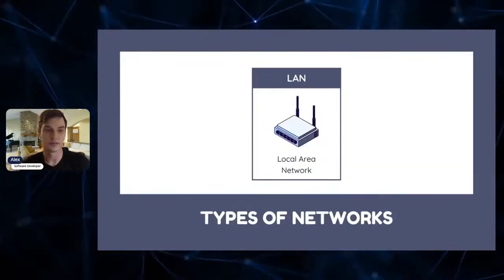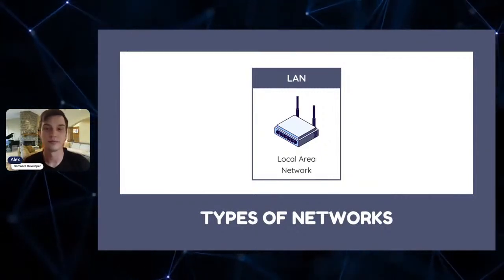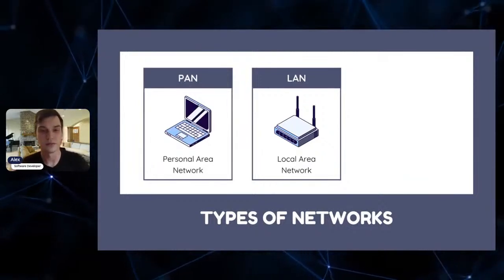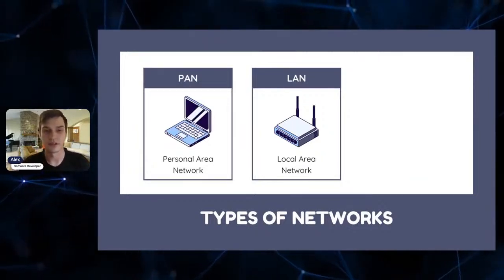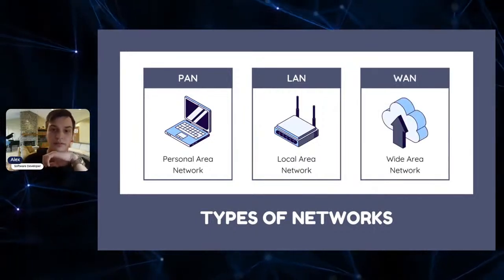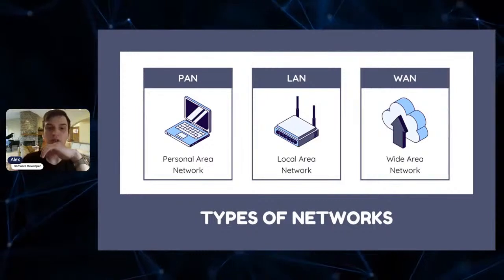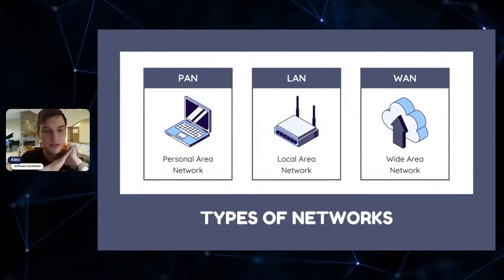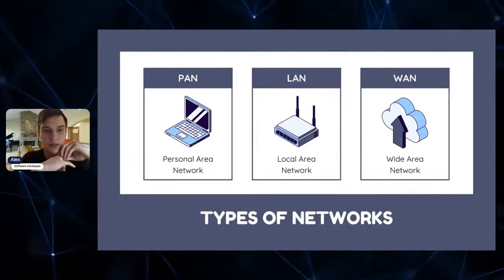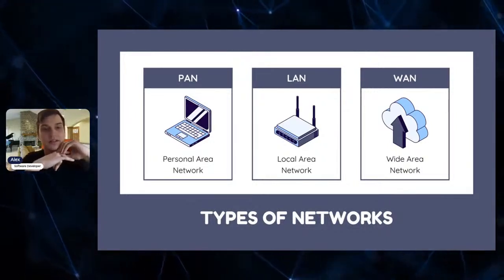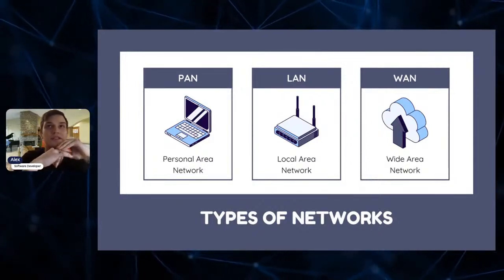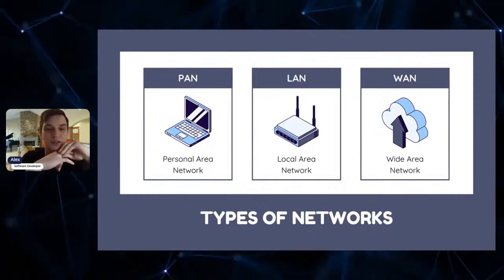So we have discussed the first type of network, the local area network. And as I mentioned before, there is a personal area network. A personal area network is a network of your computer. Here there will be only one device with one IP address. So actually, it's not really understandable why we need a personal area network.